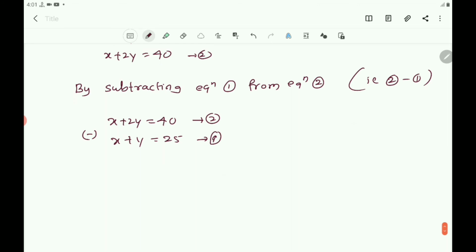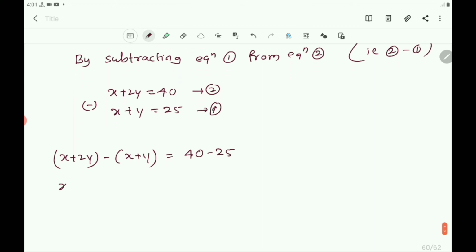Then you write X plus 2Y minus X plus Y is equal to 40 minus 25. Then you open the bracket, X plus 2Y minus X minus Y is equal to 40 minus 25, that is 15. Then X and minus X cancel. 2Y minus Y is Y. Y is equal to 15 you got.